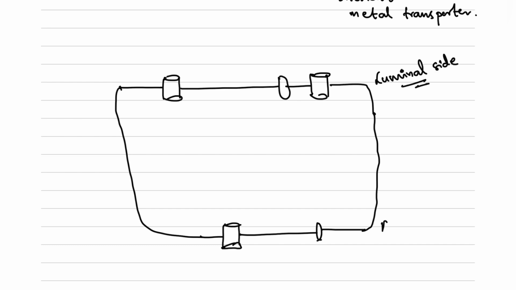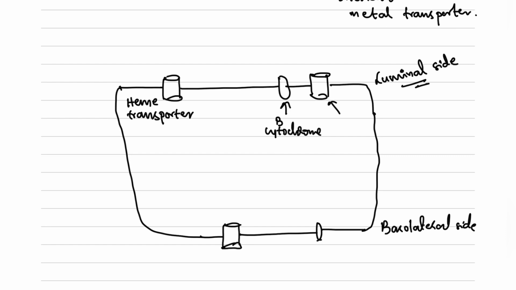And this is the basolateral side, that is from where it is absorbed into the plasma. Okay, luminal side followed by the basolateral side. This transporter that we have here is called the heme transporter. Okay, and the one here, this is called the B cytochrome, and the one we have here, this is the DMT1.